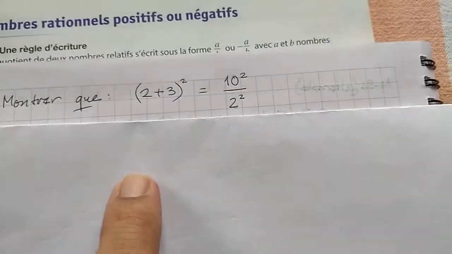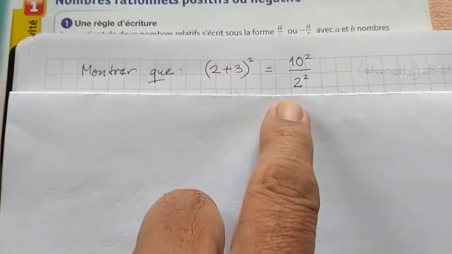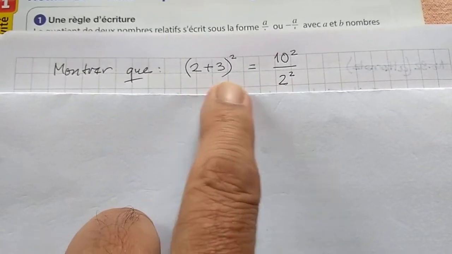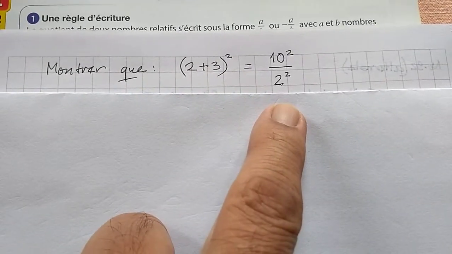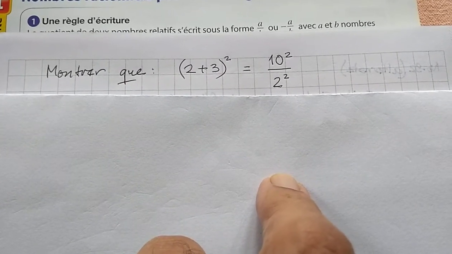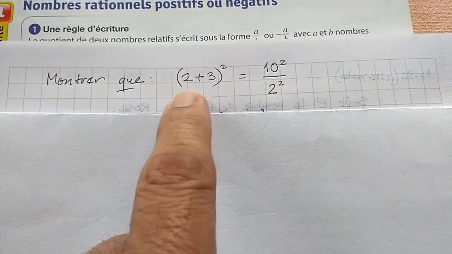But when you are asked to show something like montrer que (2 plus 3) au carré est égal à 10 carré sur 2 carré, I'm taking a very trivial, simple example, then the way you do it is you don't develop both sides at the same time until you come to the same result. What you do is you take one side first. You take côté gauche.